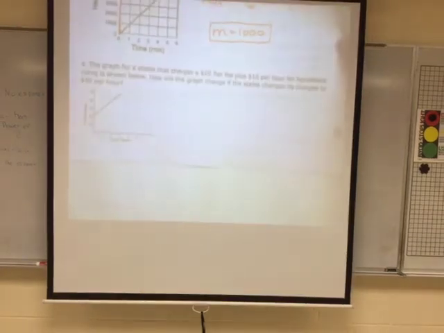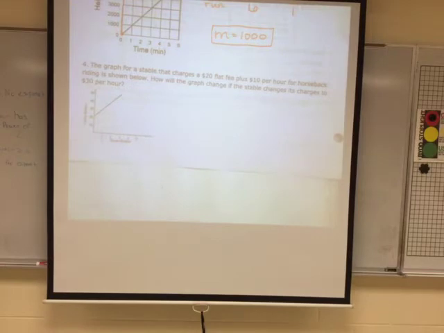Number 4. Number 4 says the graph for a stable that charges a $20 flat fee plus $10 per hour for horseback riding is shown below. How will the graph change if the stable changes its charges to $30 per hour?